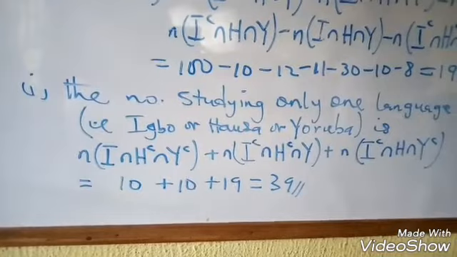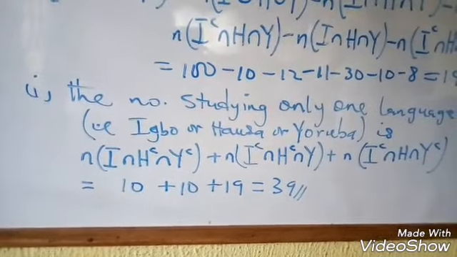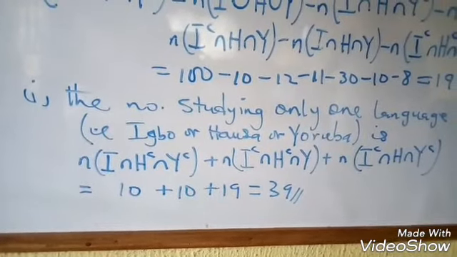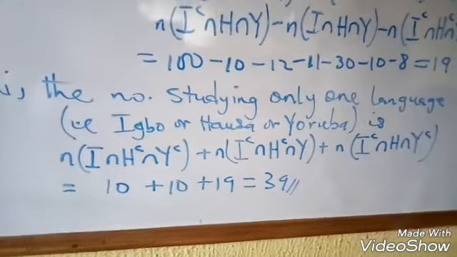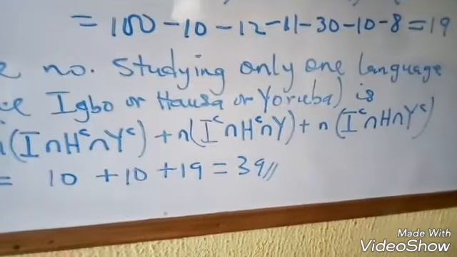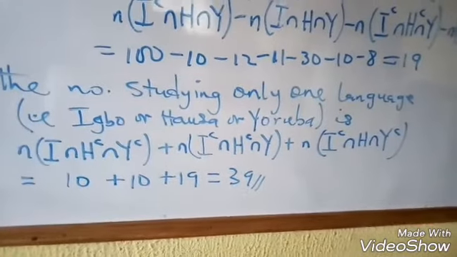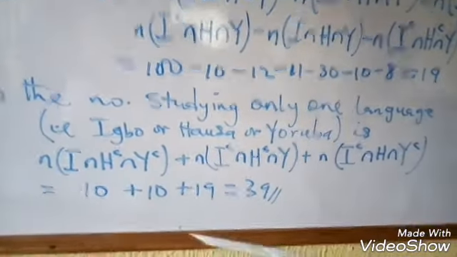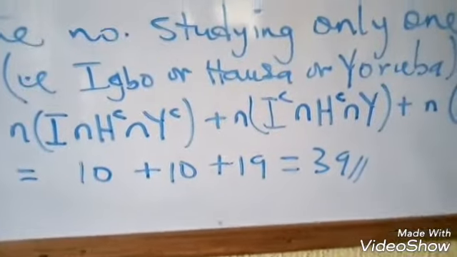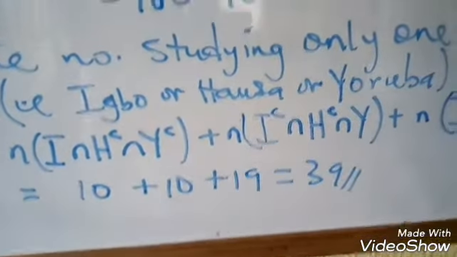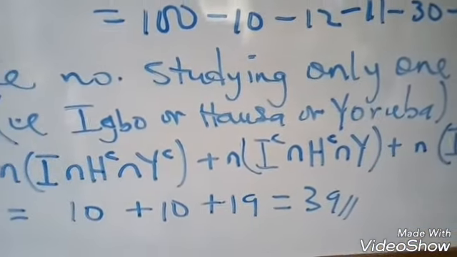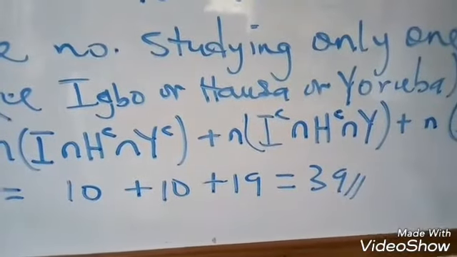In other words, n of I intersection h complement intersection y complement plus n of I complement intersection h complement intersection y plus n of I complement intersection h intersection y complement. That will give us what? 10 plus 10 plus 19. That gives us 39. That means the number studying only one language, Igbo or Hausa or Yoruba, is 39.